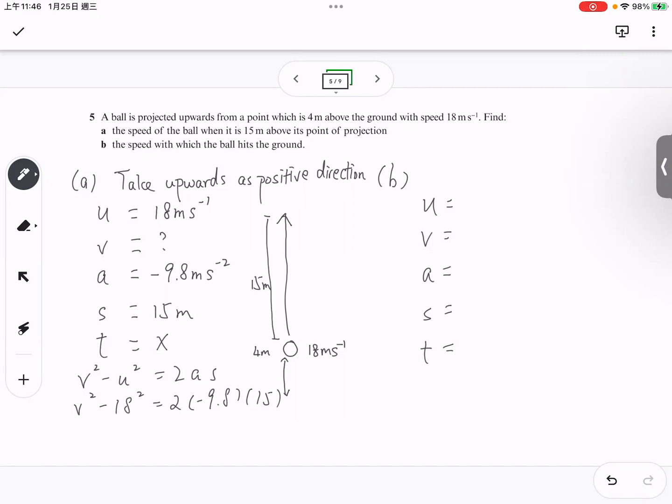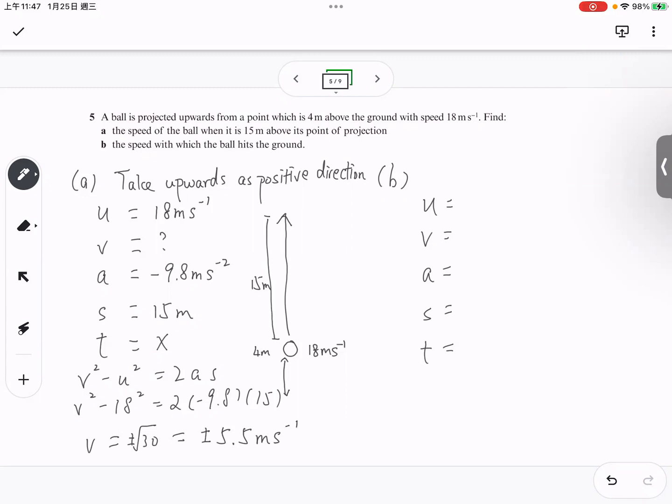The answer of this one is v is equal to square root 30, positive and negative. So this time you have two answers, positive 5.5 and negative 5.5 meters per second.